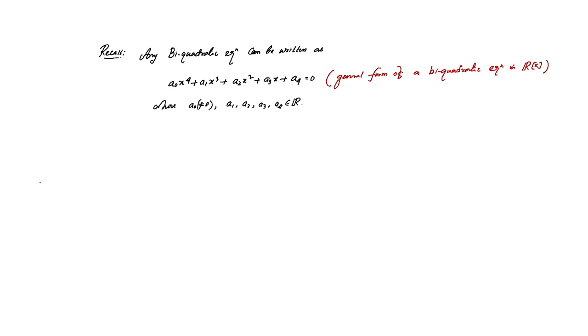First of all, we will consider this biquadratic equation, or equation of degree 4. Now, if someone asks you what is the degree of f(x), where f(x) is equal to a0 x to the power 4 plus a1 x cube plus a2 x square plus a3x plus a4 equals to 0, the degree will be 4.